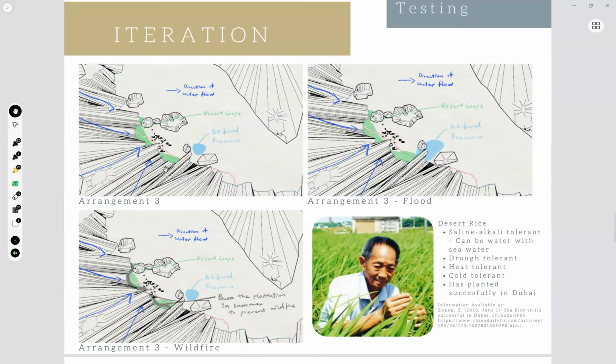desert crop all over the bottom of the slope, and build up a reservoir, so it's like a collection of water far away from the village.